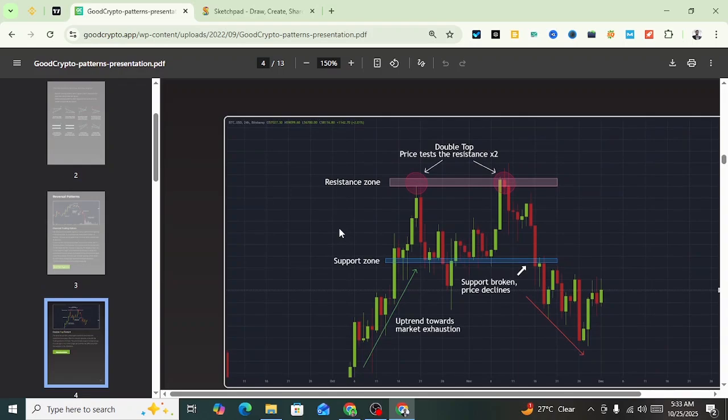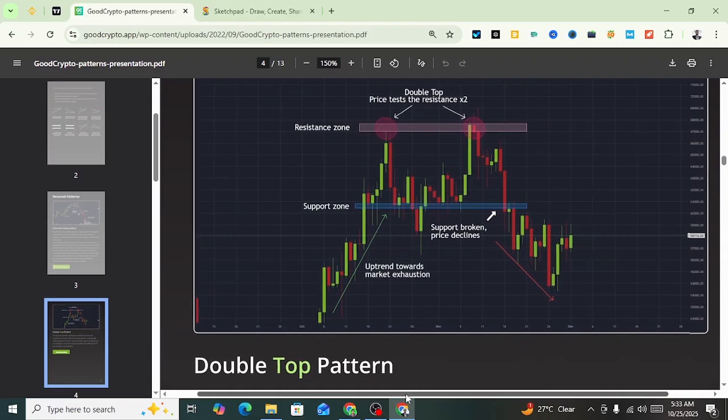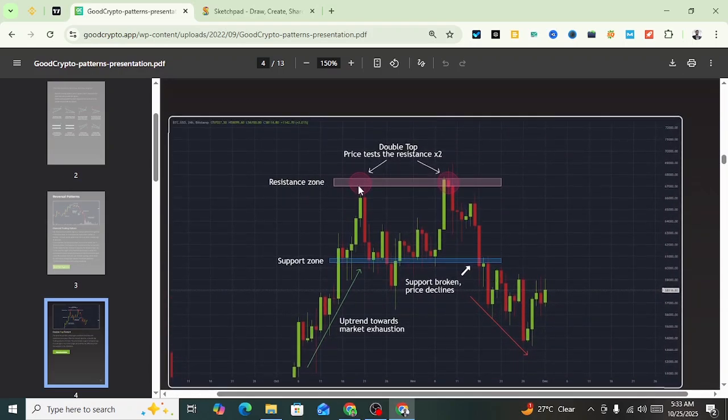This is a very interesting pattern, the double top pattern. You can see the resistance zone. Basically, this upper zone is where you can't break the line. It's called the resistance zone. Under it is a support zone. With resistance zones, you can't break that line. You can see the previous history.